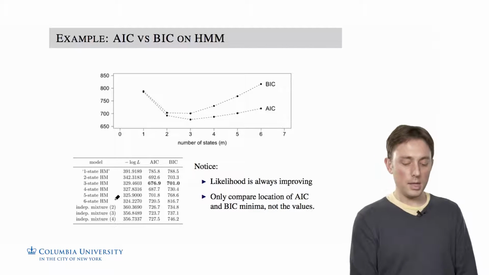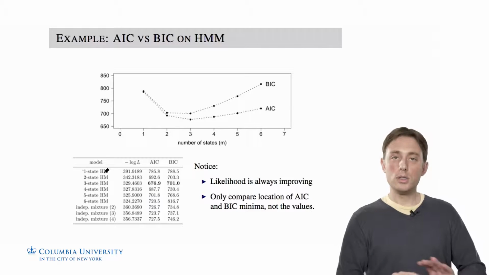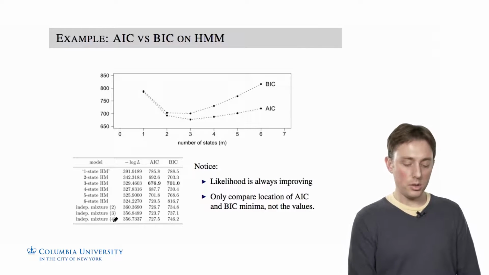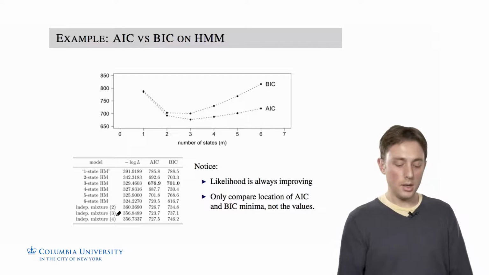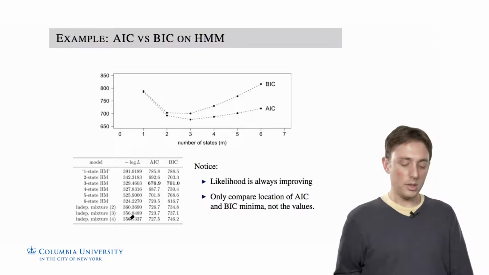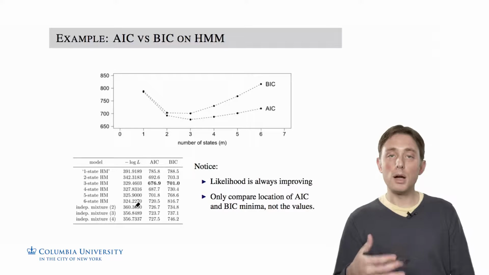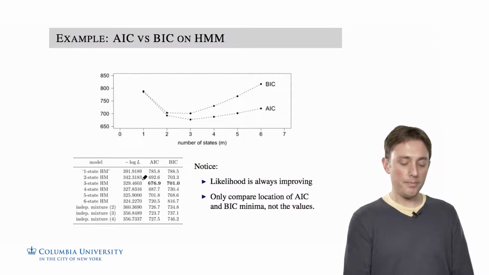So if instead of using an HMM to learn the sequences of data, we disregarded the sequential information and just learned a Gaussian mixture model with 2, 3, or 4 Gaussians, we also have our negative log likelihood, which is equal to these 3 numbers. So we see that according to the log likelihood, the HMM is better than the Gaussian mixture model for this data. So we're modeling sequential information with the HMM.